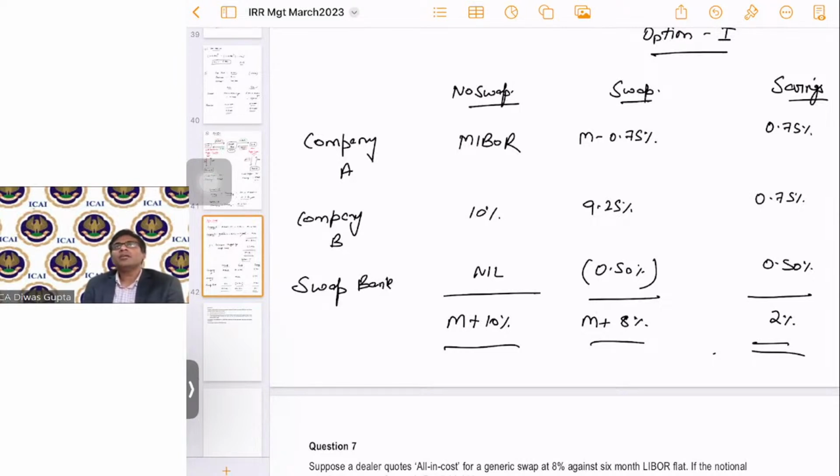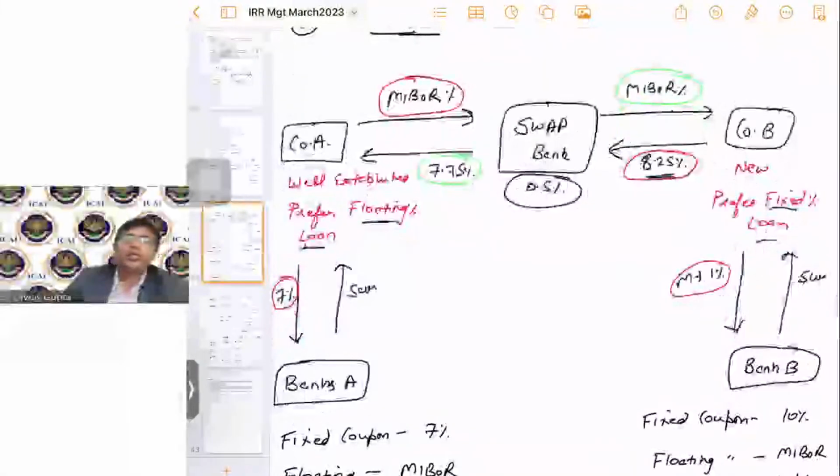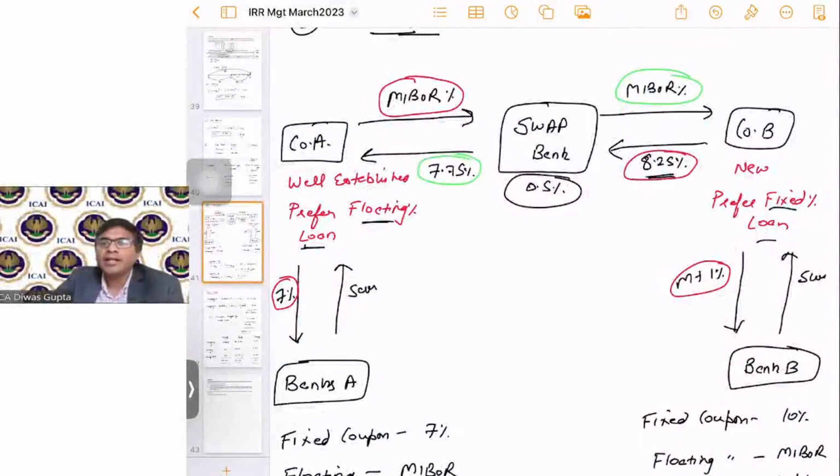But practical consideration, there is one more thing. The swap bank here should be really cautious that company B would honor its commitments. Because if you see why company B was charged higher interest rate by bank B, it is because company B is a new company and there are chances that there is no proper debt service coverage ratio or interest service coverage ratio, because of which there is a risk of higher non-payment.